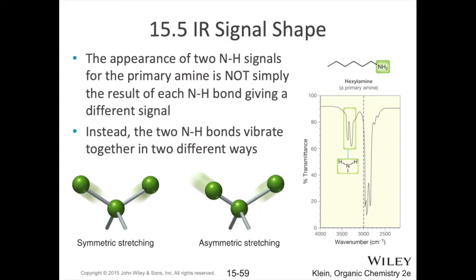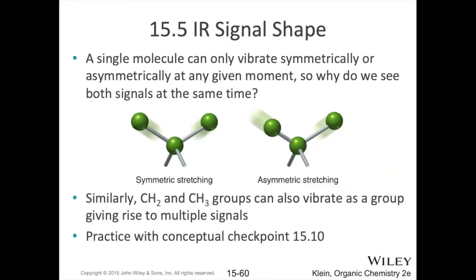In the case of a secondary amine, which has only 1 hydrogen, you really don't have a difference between symmetric or asymmetric. There's only 1 hydrogen moving back and forth, and that's why you only see 1 signal. This phenomenon also applies to other bonds between hydrogen and other atoms.